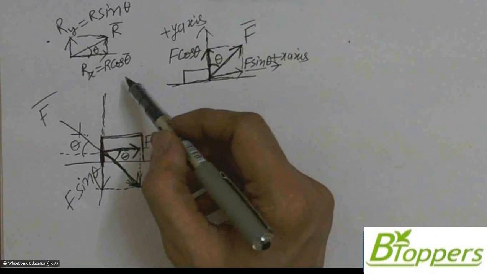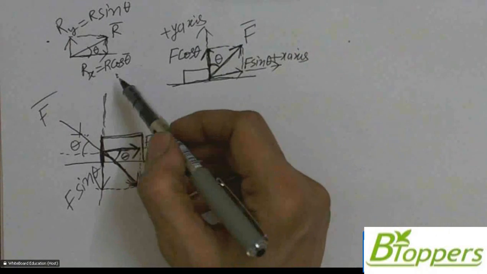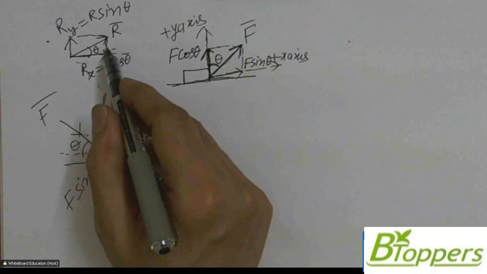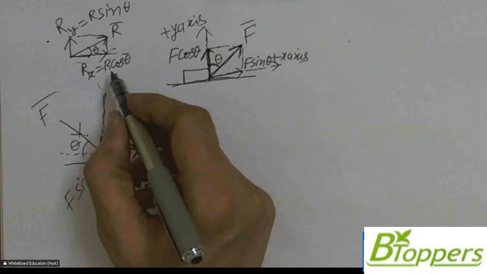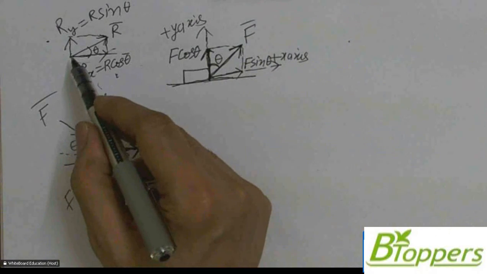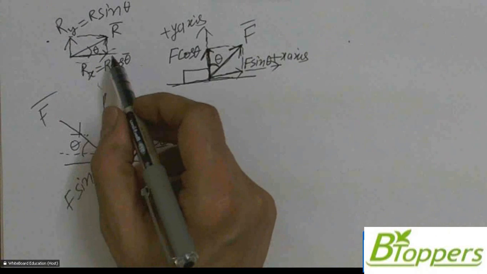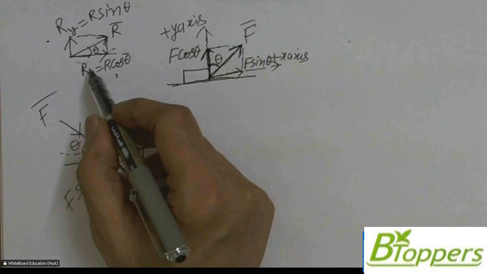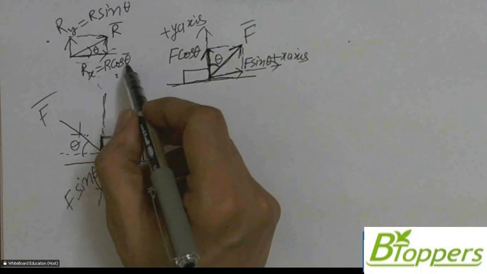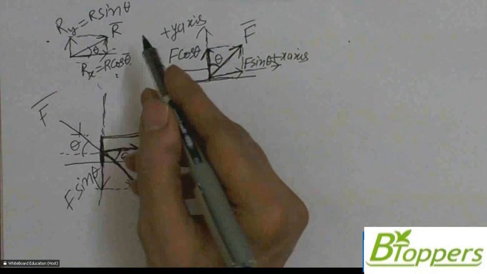Again, going to the first diagram, if the vector r bar lies in xy plane and if it makes an angle theta with the positive direction of x-axis, then Rx equals R cos theta, Ry equals R sin theta.